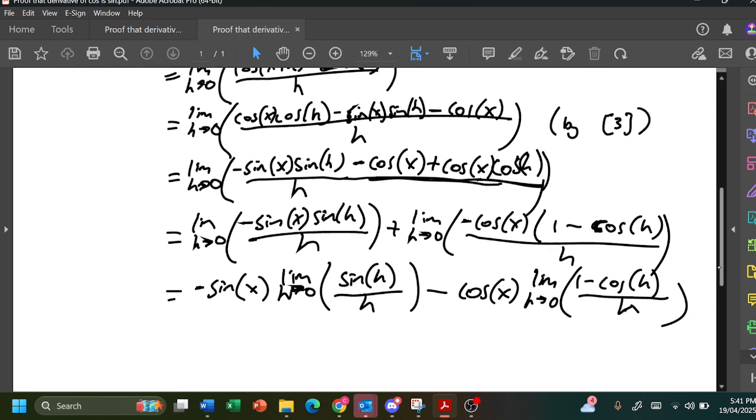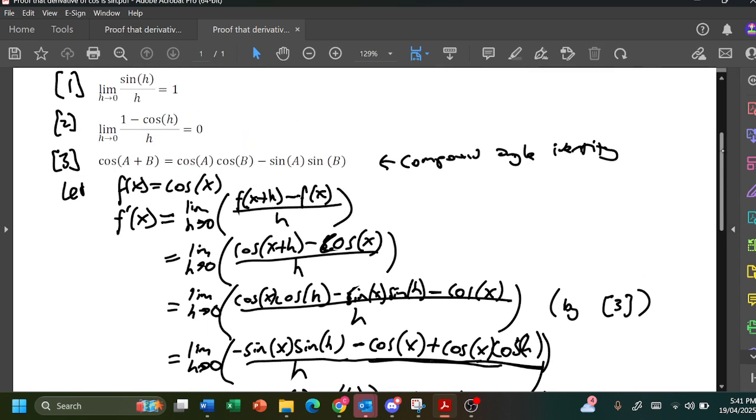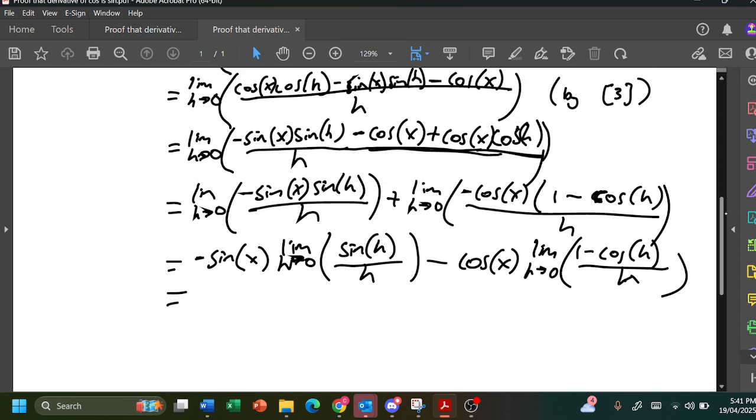And a little bit similar to how we ended the last video, we can now see that that first limit, the limit as h goes to 0 of sine h over h, we know from before that that's equal to 1. So you can see that that's equal to 1 based on identity 1 that we've written up there. So that's multiplied by 1 by that first rule that I've listed up there.